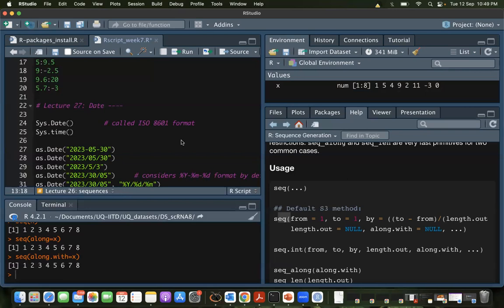Out of 1 million samples, you would like to pick 10 of them. Basically, you're saying I have numbers written from 1 to 1 million, which is 10 lakh, and I want to pick any 20 numbers from that. So I'm asking the system to give me 20 numbers between 1 and 1 million.